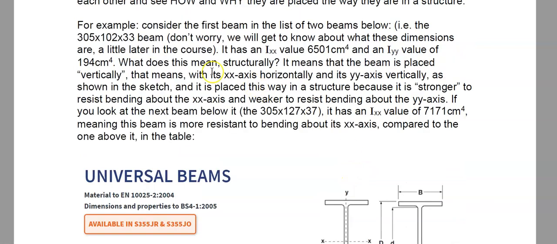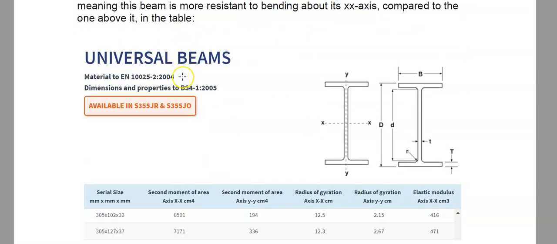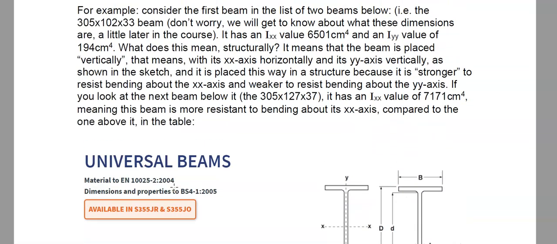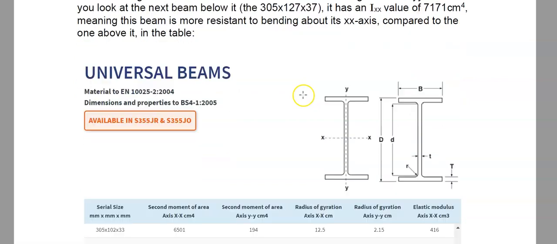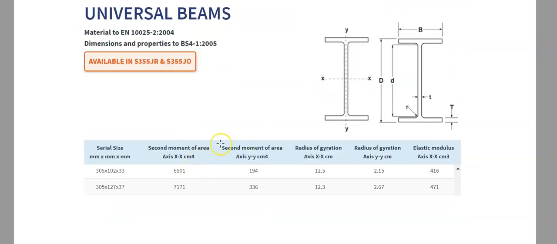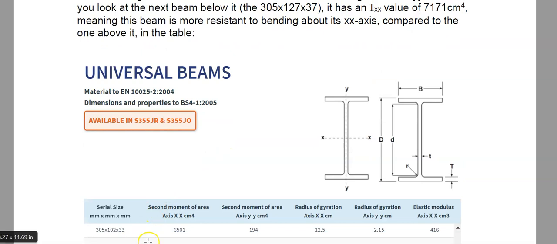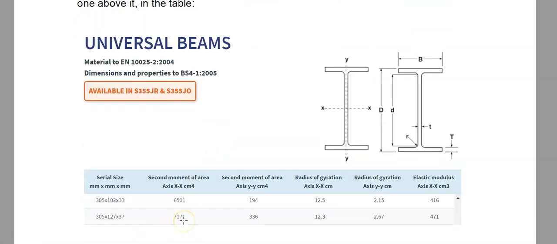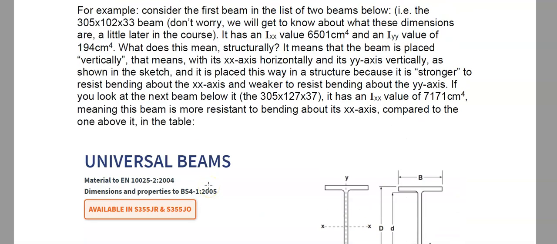That is the 305 by 102 by 33, there it is over there. It has an IXX value of 6501 centimeters to the fourth. And the one below it has a value of 7171 centimeters to the fourth.